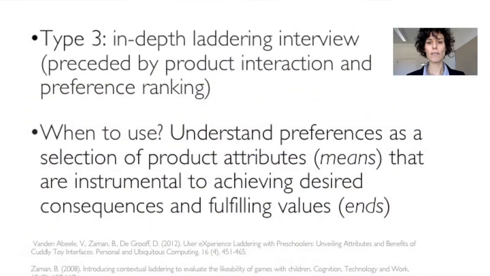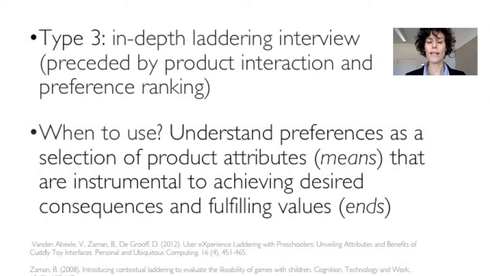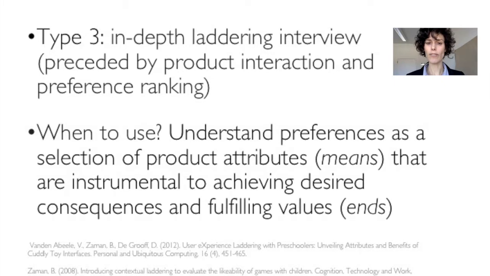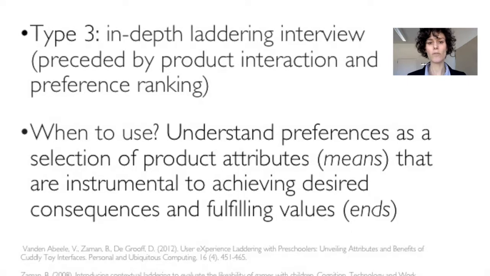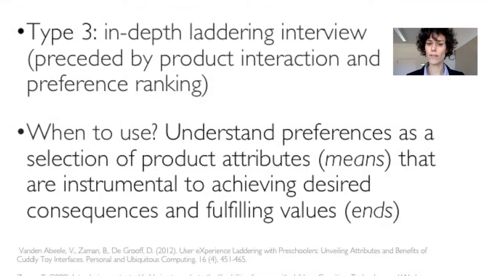And this way we get to know what kind of consequences they value. For instance, whether they engage in the interaction with technology, it's because of friendship, because of the pleasure, the challenge, because of the self-control. And this way, actually, this in-depth laddering interview can be used to understand preferences as a selection of product attributes that are instrumental to achieving desired consequences.